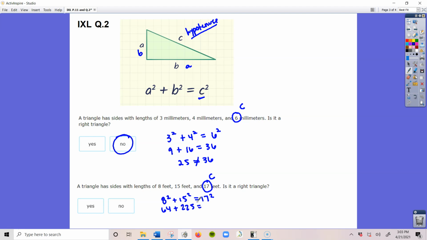And that should equal 17 squared, which is 289. If I add 64 plus 225, I get 289. And since 289 does equal 289, that means that yes, this is a right triangle.